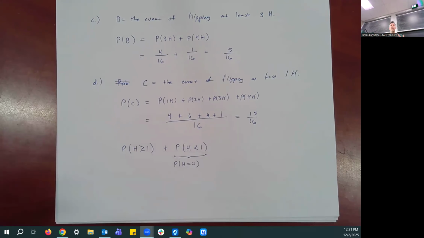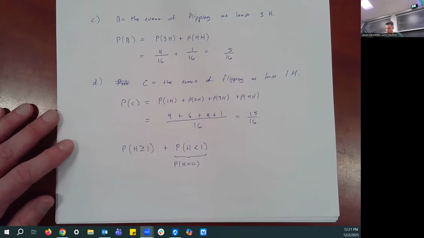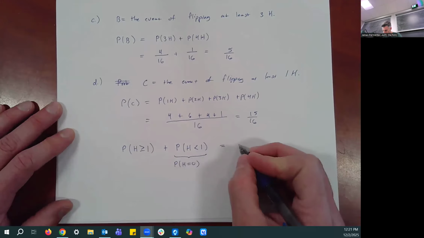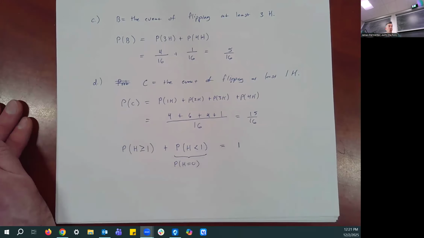And a lot of times, specifically where we're counting things and it has to be an exact non-negative integer number, less than 1 means less than or equal to 0, or bigger than 2 means bigger than or equal to 3, because we are going up to the next integer. So here, this should total 100% or 1.